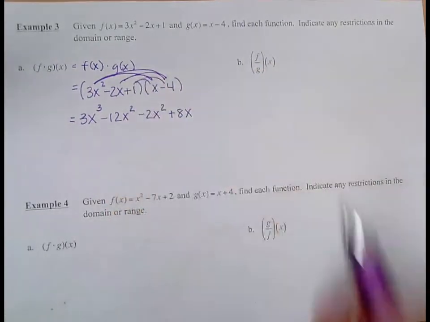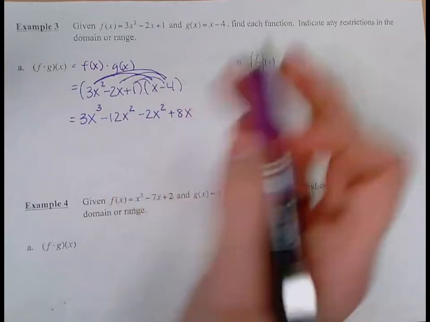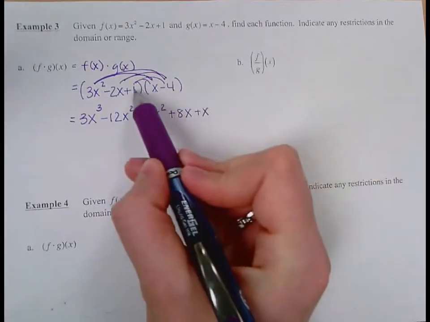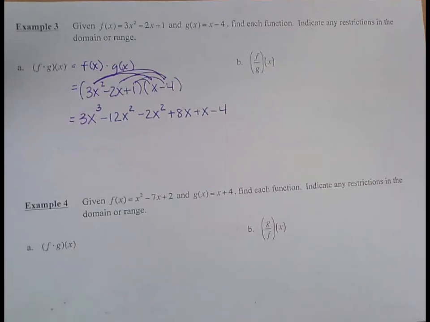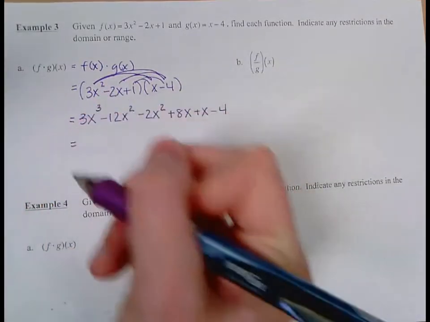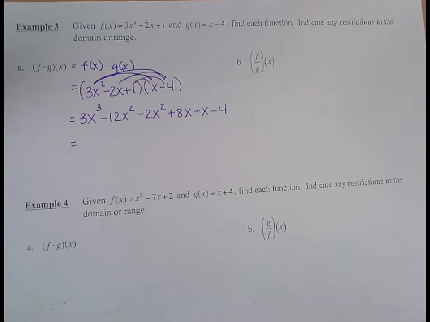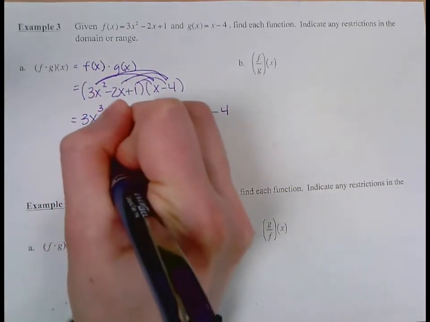And then distribute the 1 to both. So 1 times x is plus x. 1 times negative 4 is minus 4. And then just combine your like terms. And if you multiplied this differently, just make sure you're still getting the same thing in the end. So I have 3x cubed.